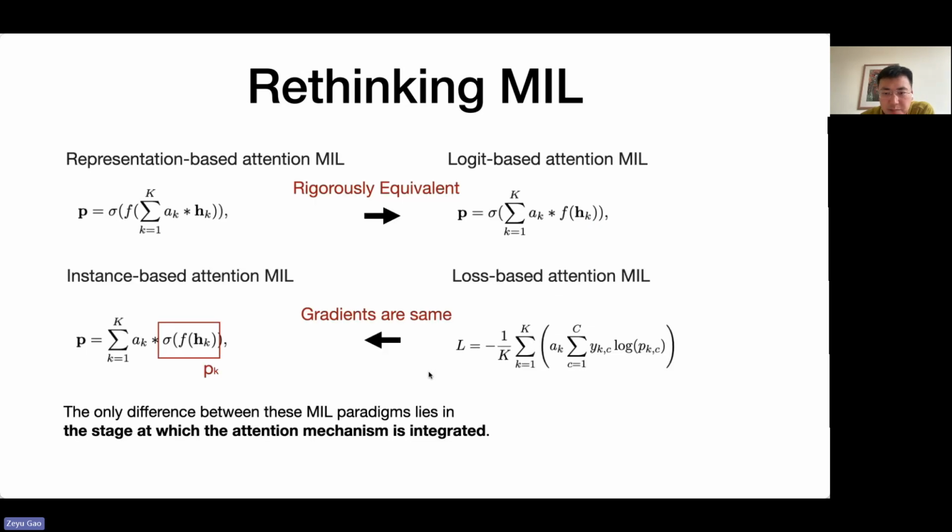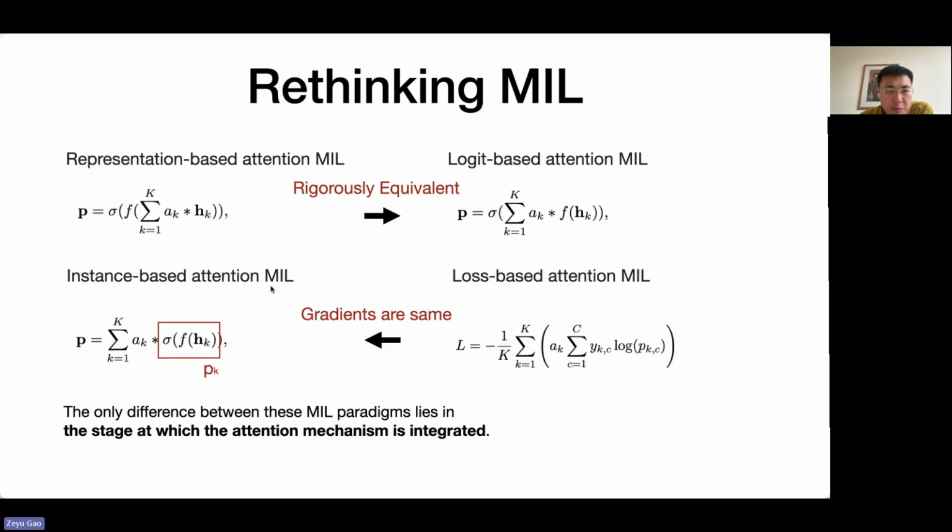And the main difference between them is that our semi-supervised multitask learning framework is actually equal to loss-based attention MIL, because we multiply the attention score into the losses directly, and the gradients are the same as the instance-based attention MIL.